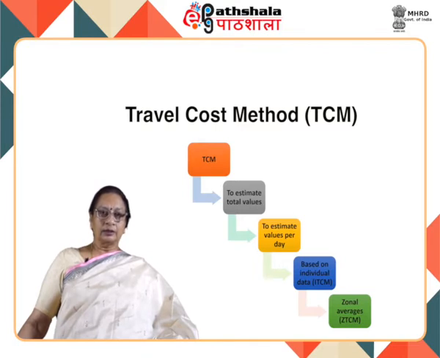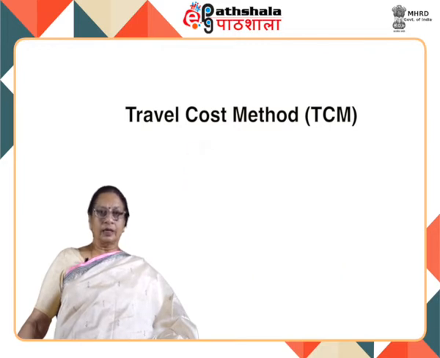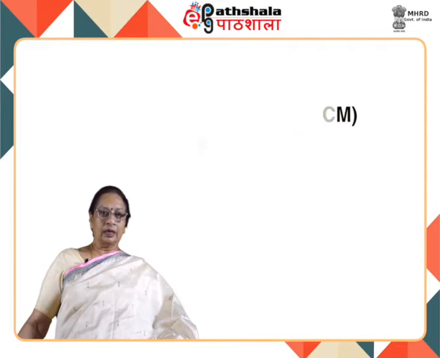For the ZTCM, the average travel cost of zones and the average participation rate of a zone is used. The ITCM and the ZTCM are well established methods for the valuation of recreational activities such as angling.